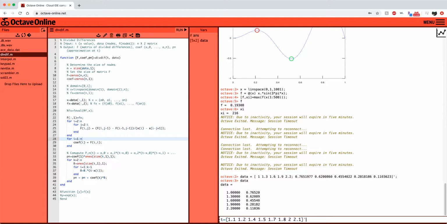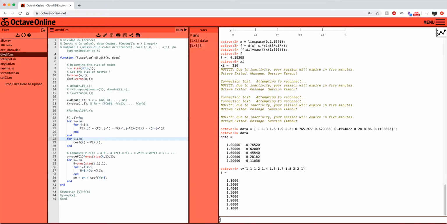You have to put the prime, otherwise you're going to get a row vector, but we need a column vector.